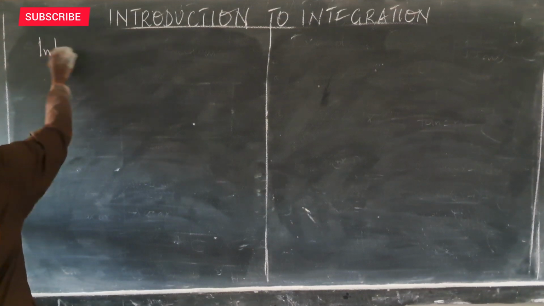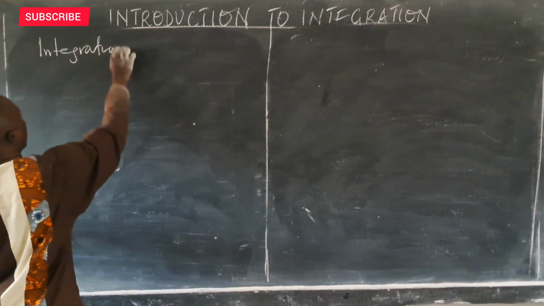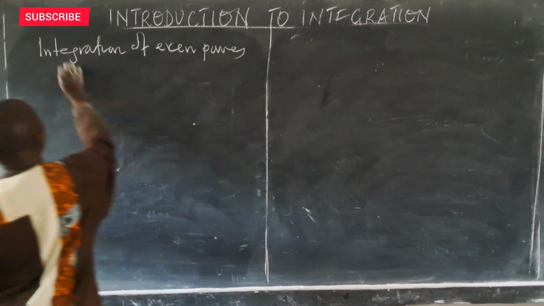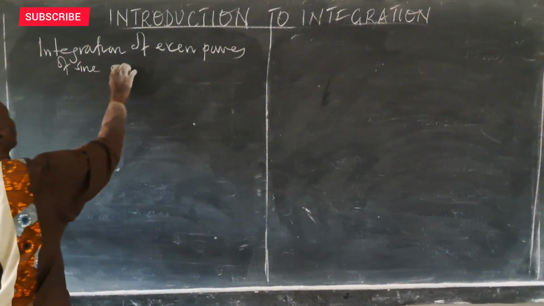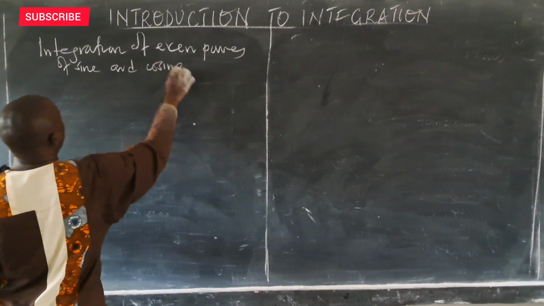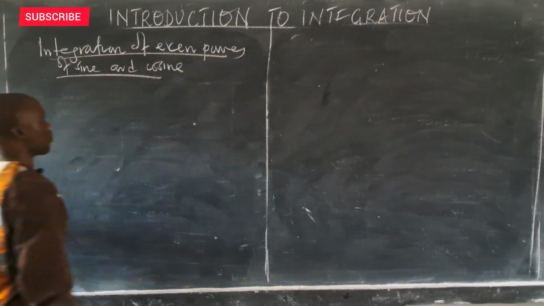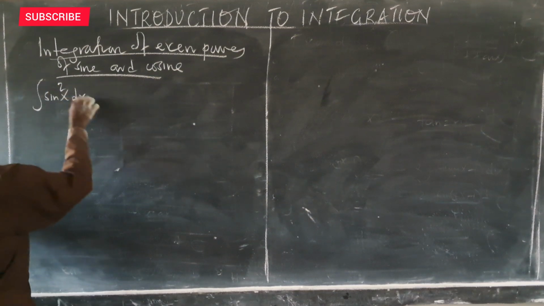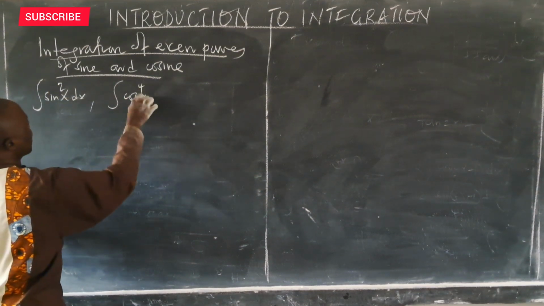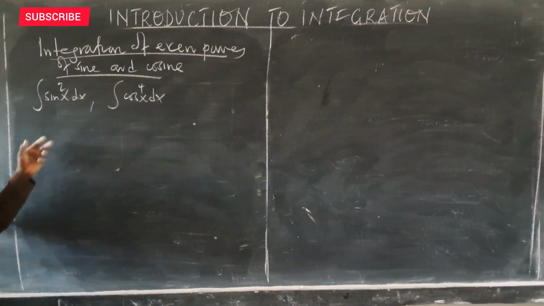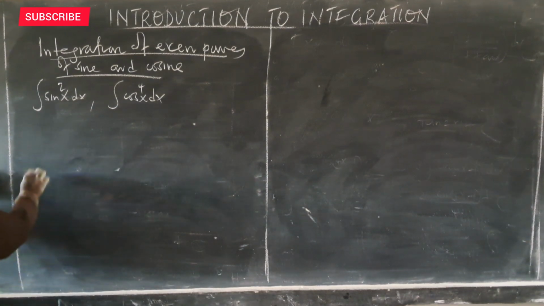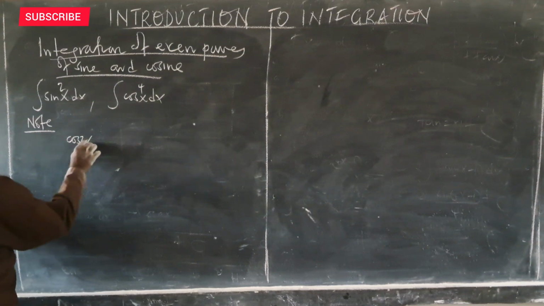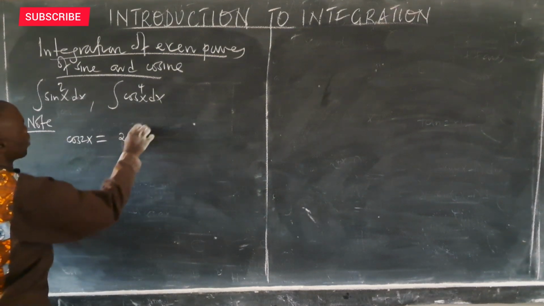Let's look at integration of even powers of sine and cos. To integrate even powers, we mean something like this: if you integrate sine squared x dx, or maybe cos to the power 4 x dx. So we shall use what we call the double angle formula in cos. Note that cos 2x is actually 2 cos squared x minus 1 if you expand it.